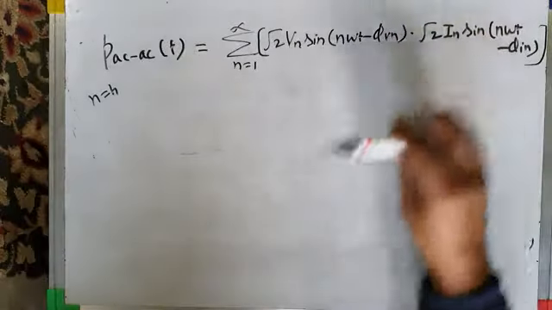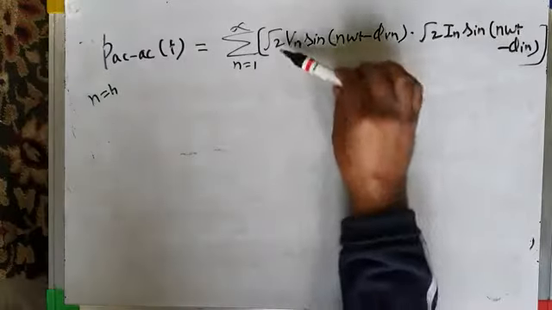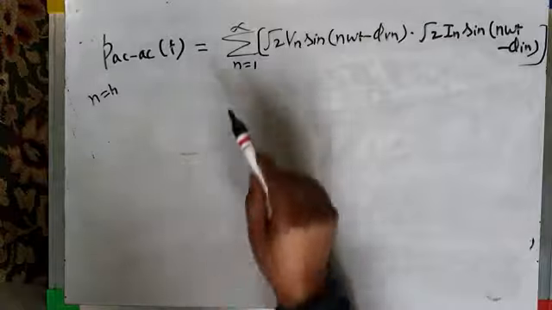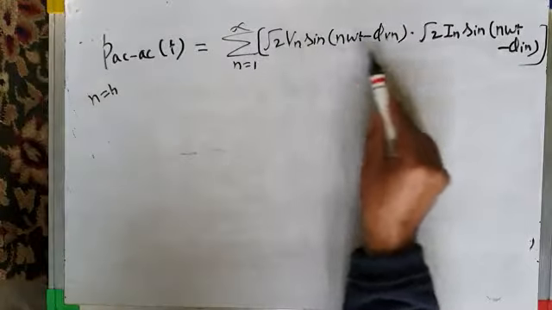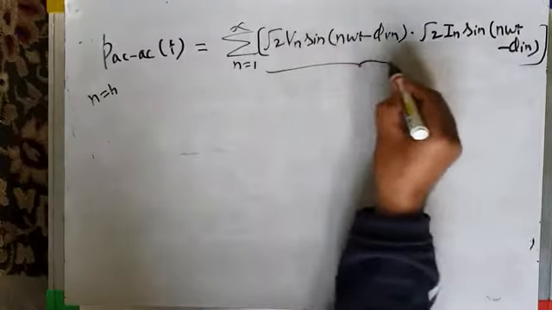So it will be the interaction of second harmonic components of voltage and current. Then put n equal to 3, so the third harmonic component of voltage will interact with the third harmonic component of current. Put n equal to 5, the fifth harmonic component of voltage will interact with the fifth harmonic component of current and give rise to certain power terms. So this is your A.